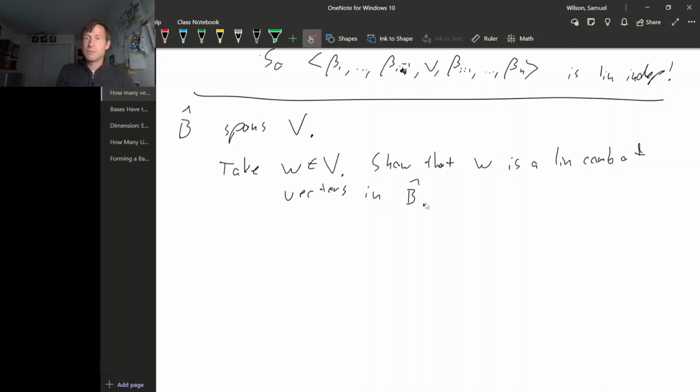This is just another way of saying that w is in the span of b hat. I should say we know that the span of b hat is contained in V because everything in b hat is in V. So really, the only question is: is V contained in the span of b hat?